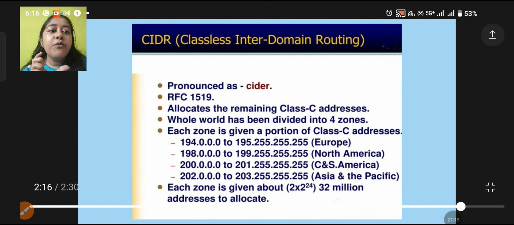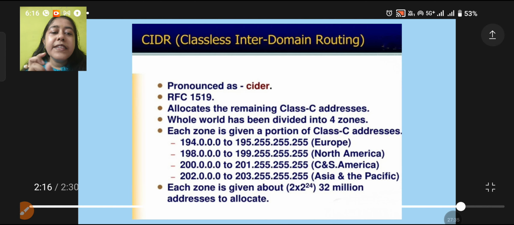Each zone is given a portion of class C addresses: 194 to 195.2 is for Europe, 198.000 and 192.25 for North America, another portion is for other parts of America, that is Central and South America, and this is for Asia and the Pacific.